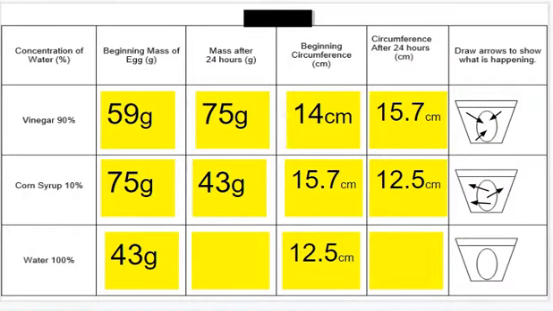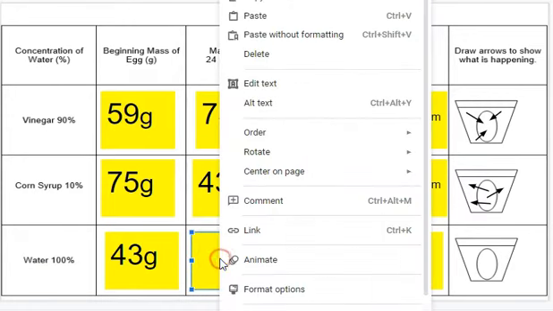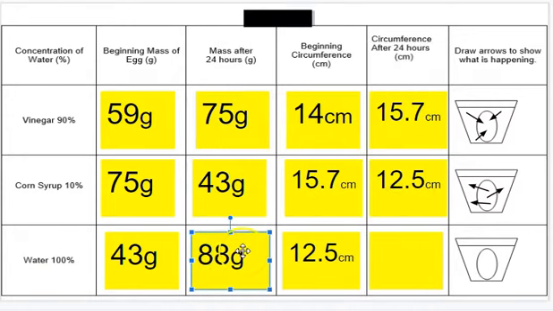All right, so our mass today after the 24 hours in water is 88 grams. We're going to put that right here. We'll paste that in. 88 grams. Big, big gain in mass. More than doubled what it was after the corn syrup. How about that?